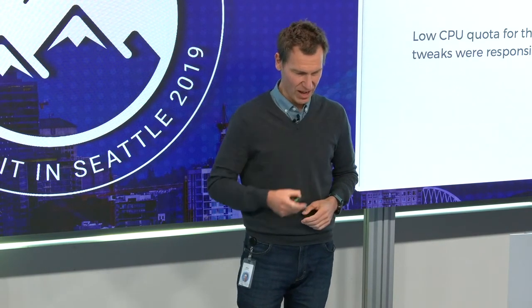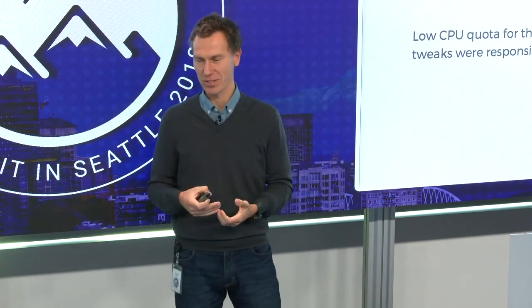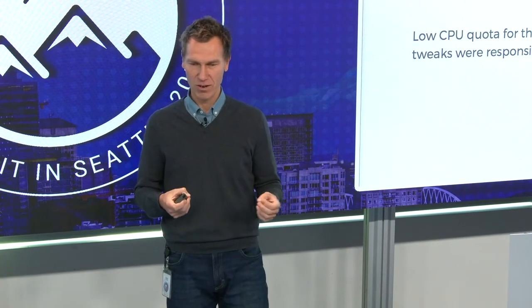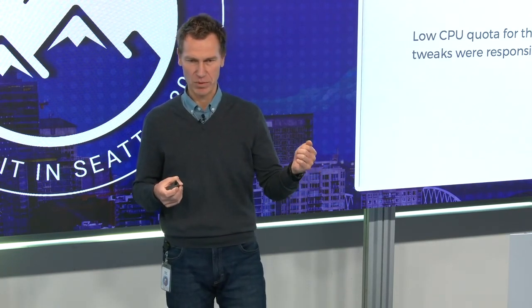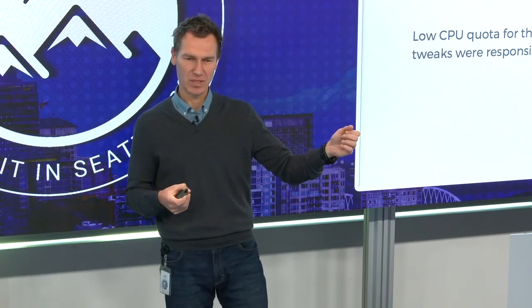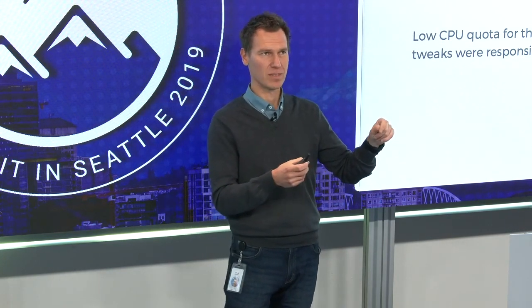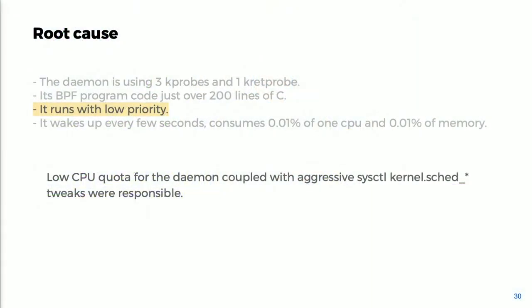Well, it turned out the answer was in front of us from the very beginning for months. This process, the combination of scheduler heuristics that people tuned on the server and some other folks at the same time reduced the priority of the security daemon so it doesn't bother anyone. They reduced it from normal priority to 0.01, and the whole combination of factors caused this.